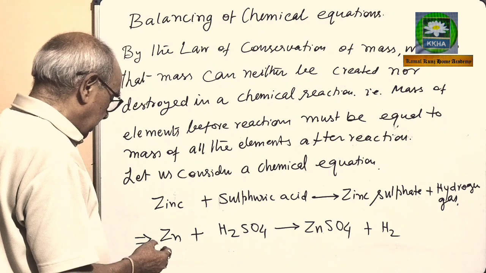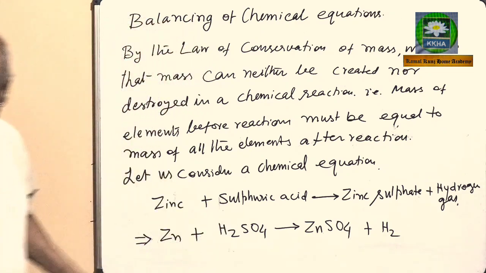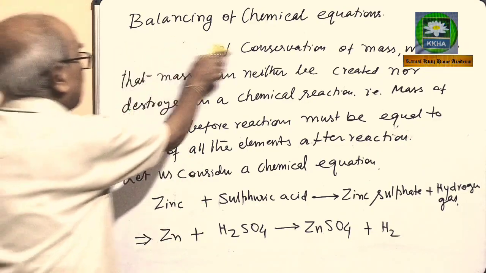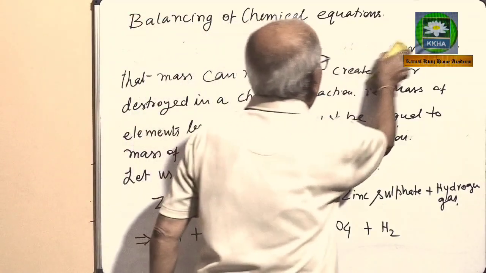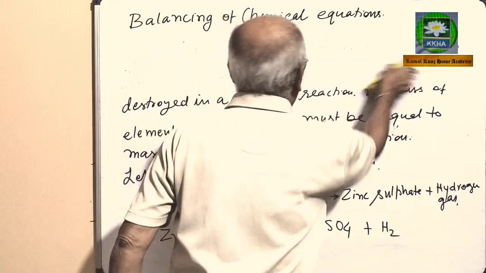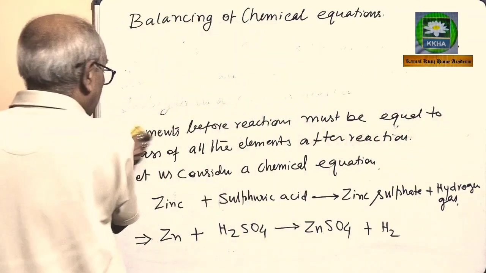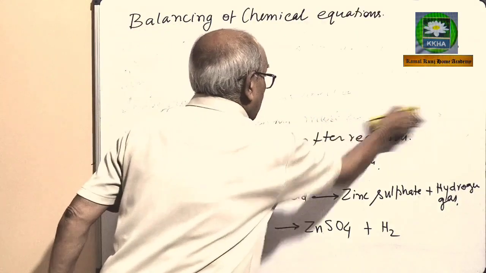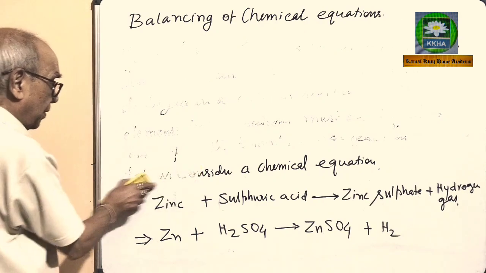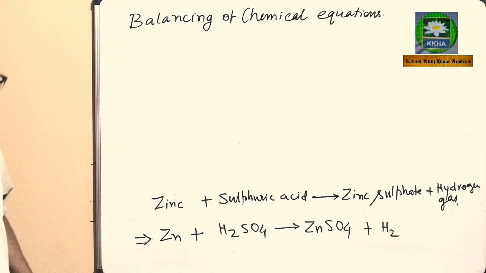Now, let us see the number of atoms of each element on both sides.